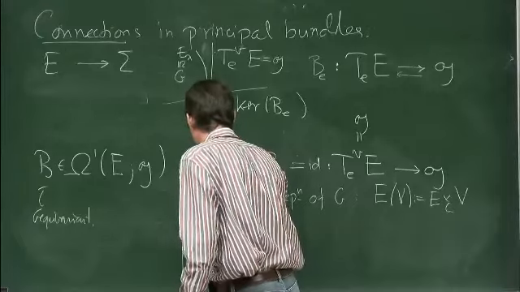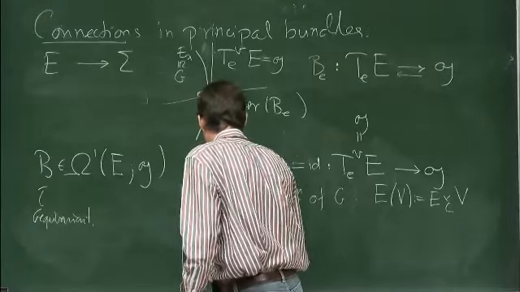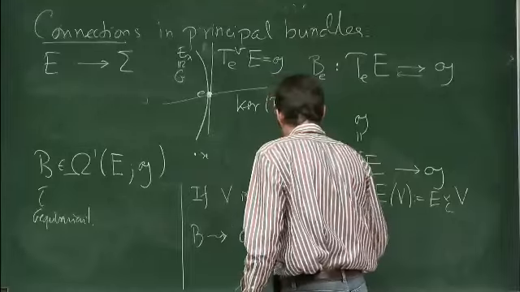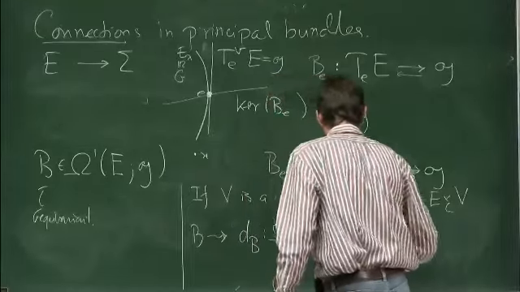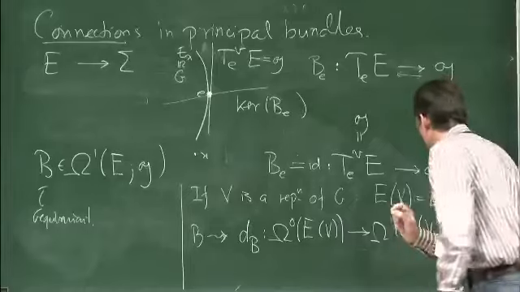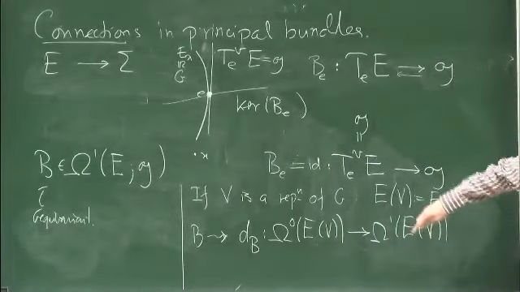A connection gives rise to a covariant derivative d_B of sections of E_V, so one forms with values in E_V, so one forms on the surface.